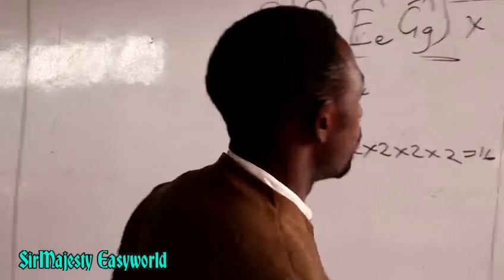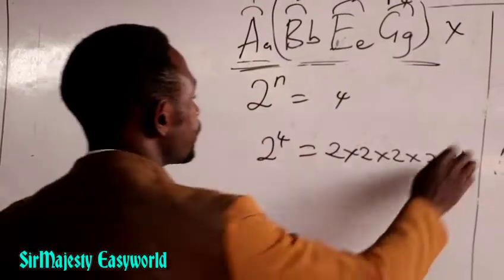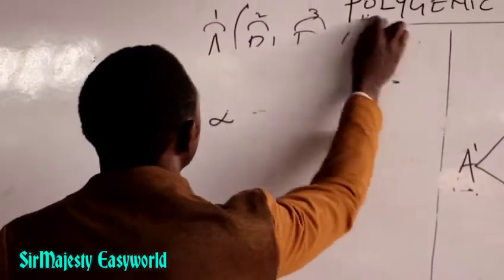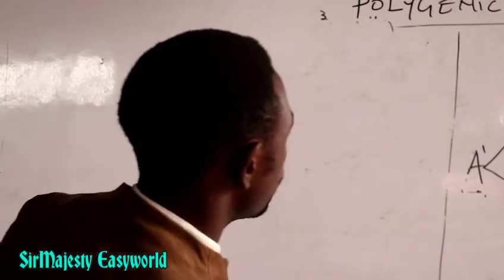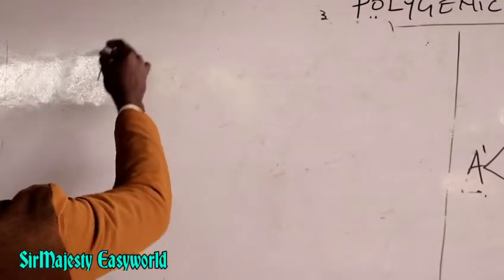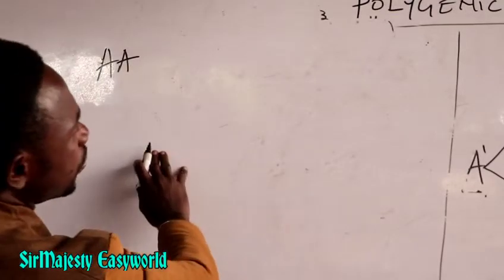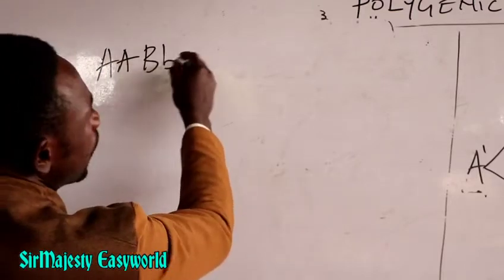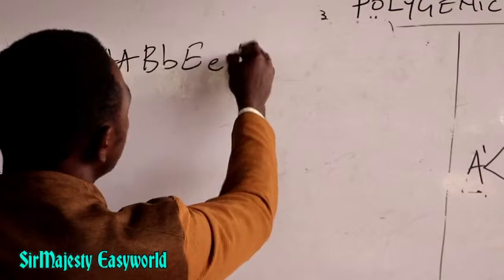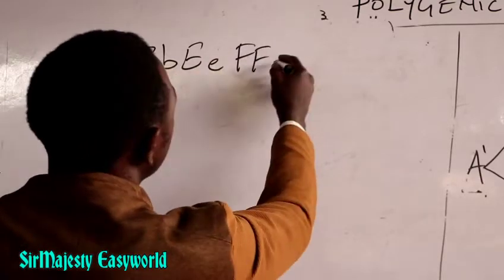Now let's go to a more complex one. Let's now use it for crossing. If we have a cross between a parent having this genotype, this is an assignment for UNN students, and it's giving them a little tough time, but look at the easy way.